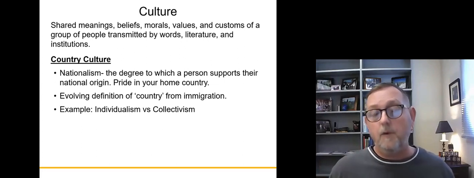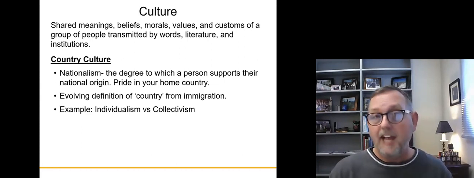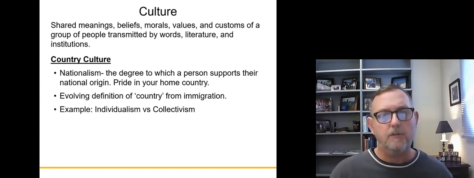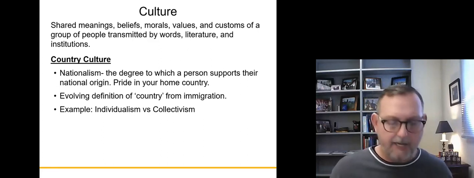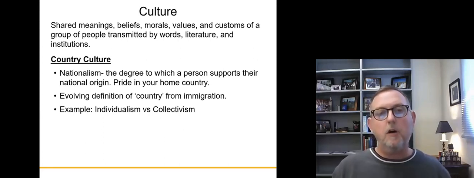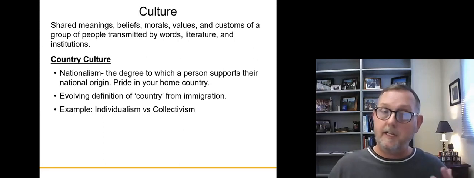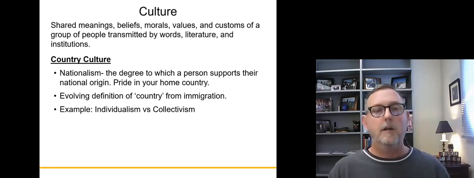So at a country level, we have some terms that are good to know. One is nationalism. These are marketing terms more specifically, and we measure nationalism actually in marketing. Nationalism is when you demonstrate a pride in your national culture, right?